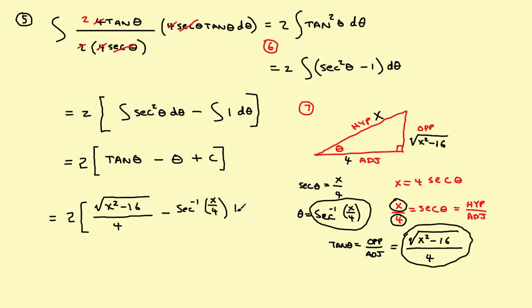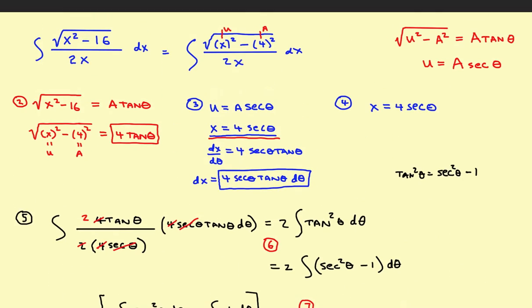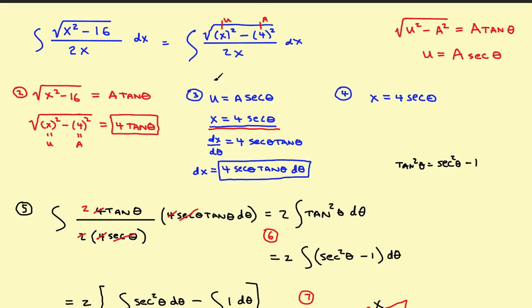And then don't forget to tack on the plus c, and you are finished. So again, here was the answer in terms of theta. You turn it into a final answer in terms of x. And again, if you just follow the steps, they'll pretty much guide you straight through. So looking back up at the beginning of the problem again, change it from an x problem into a problem in terms of theta using these two formulas right here.